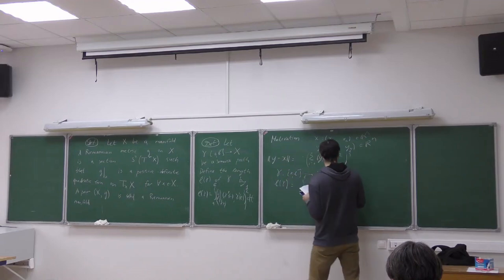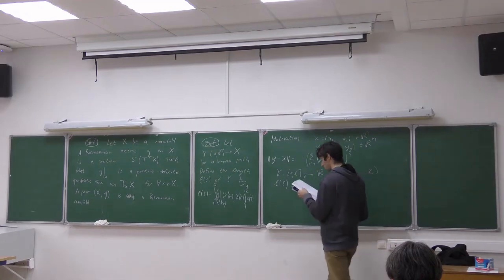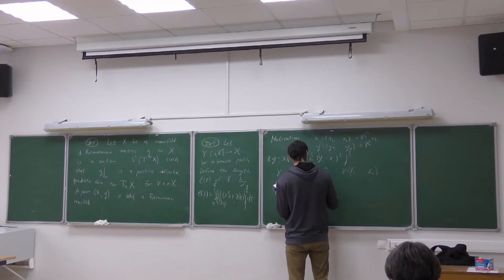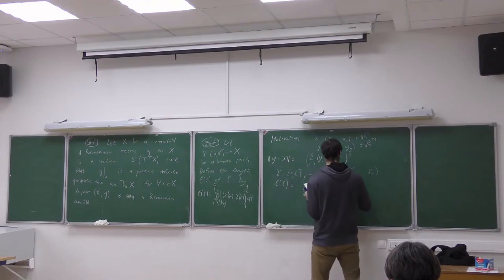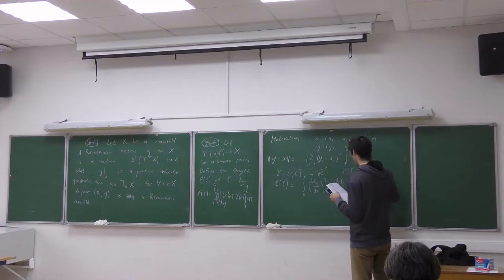My gamma will have components gamma 1, ..., gamma n, and using this idea, it gives me the square root of (d gamma 1 over dt) squared plus (d gamma 2 over dt) squared plus and so on, dt.